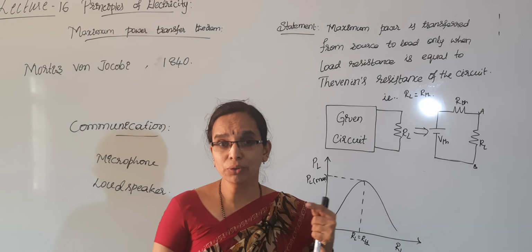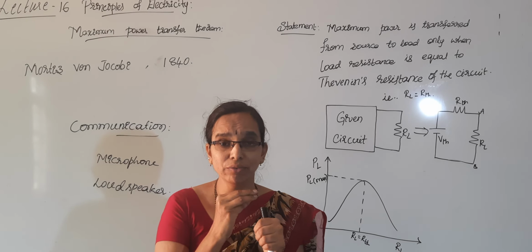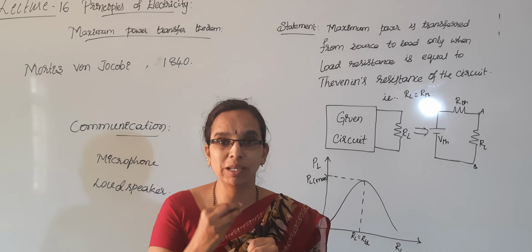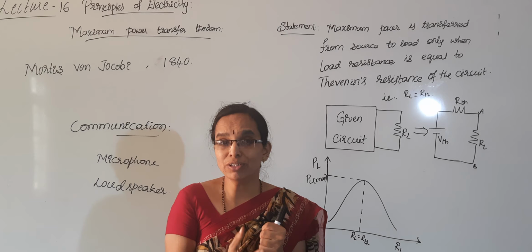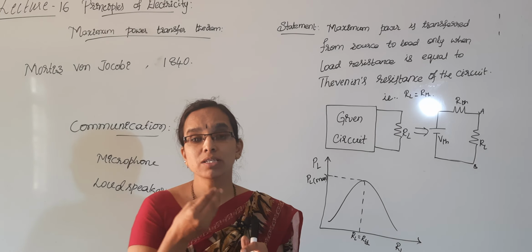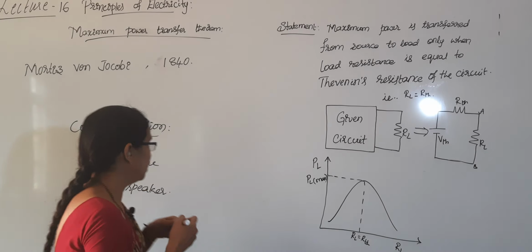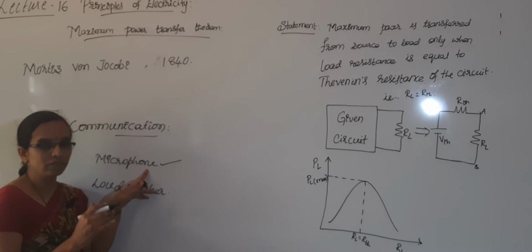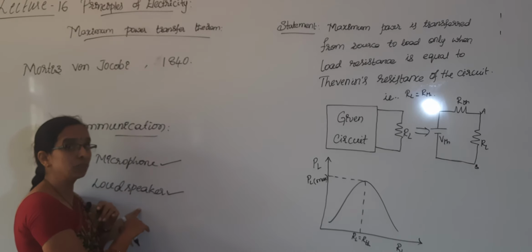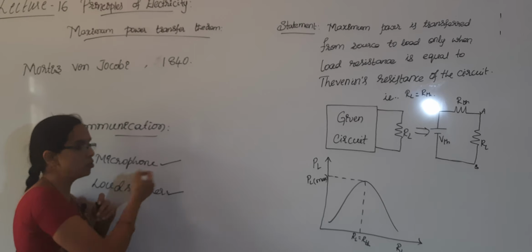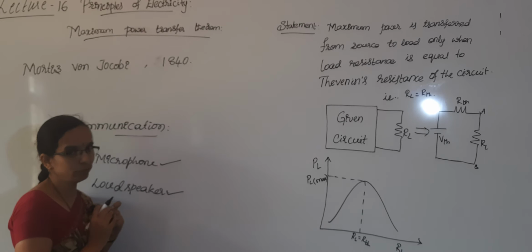The audience will listen to whoever is singing or speaking through the loudspeaker. A microphone is a device which converts sound waves into electrical signals, and the loudspeaker does the opposite process, converting the electrical signals into sound waves, right.